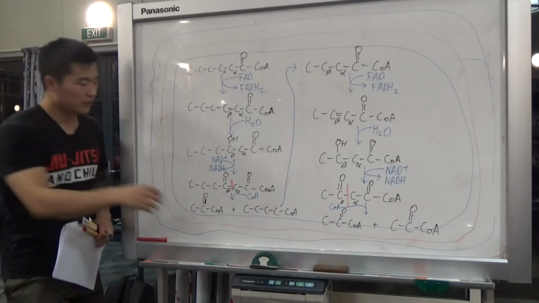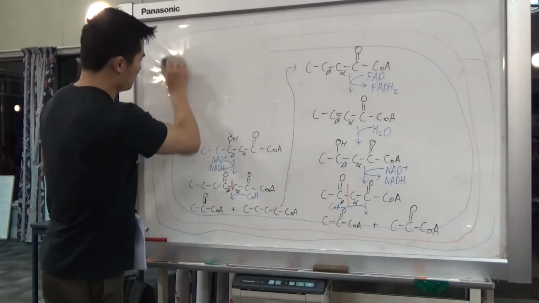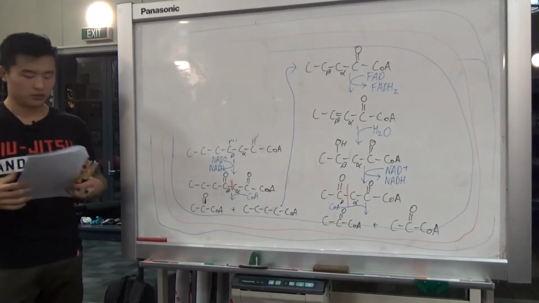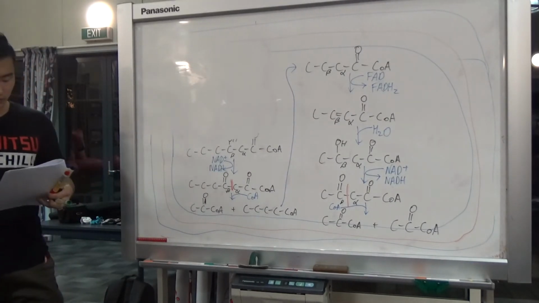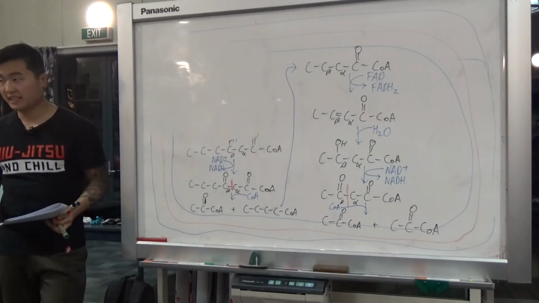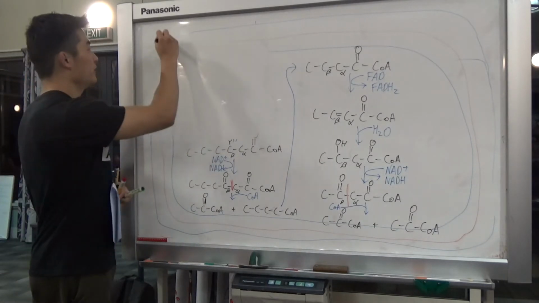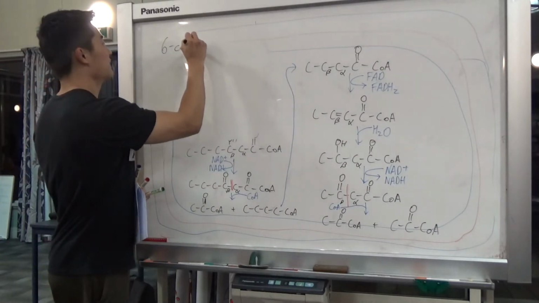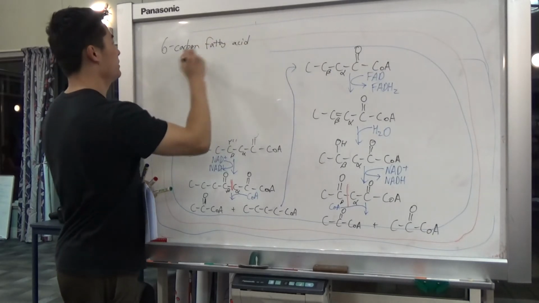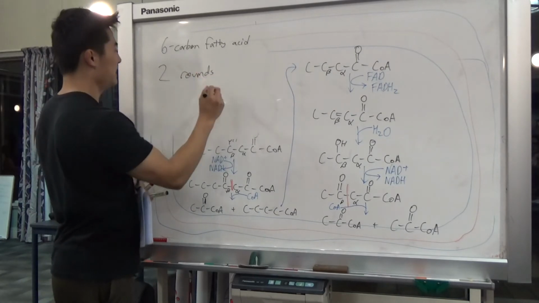Okay, I'll just rub out this side. So for our 6-carbon fatty acid, how many rounds of beta oxidation did we do? Yep, 2. We performed 2 rounds of beta oxidation.